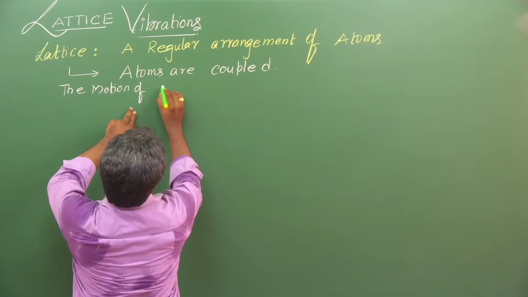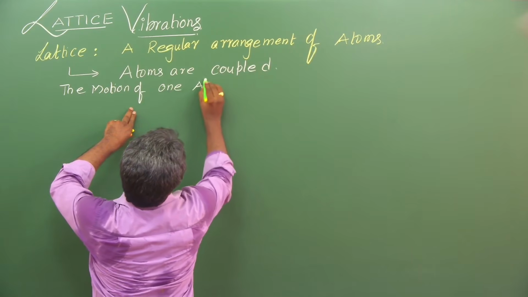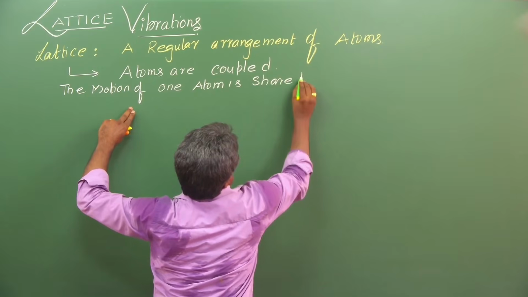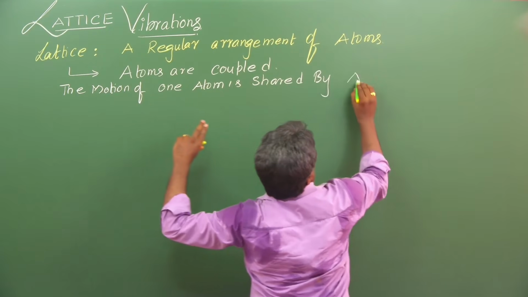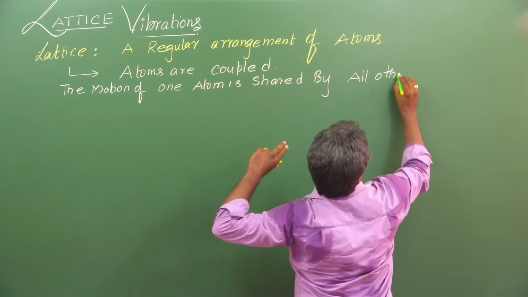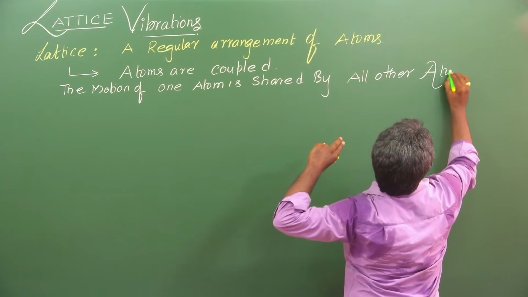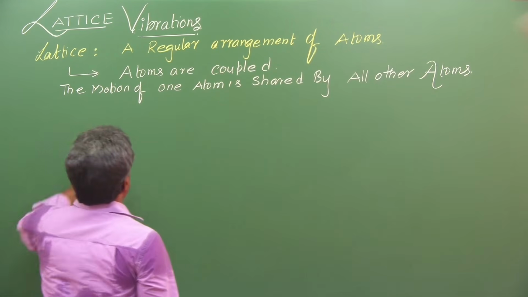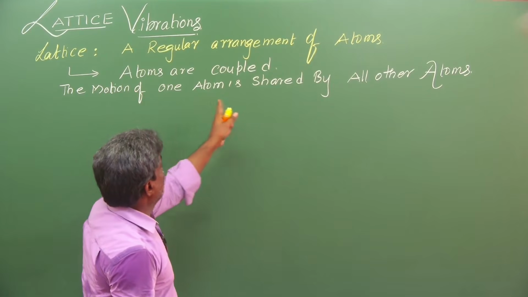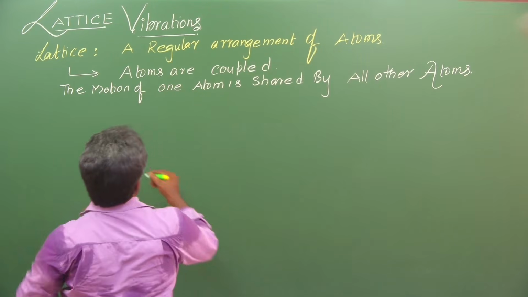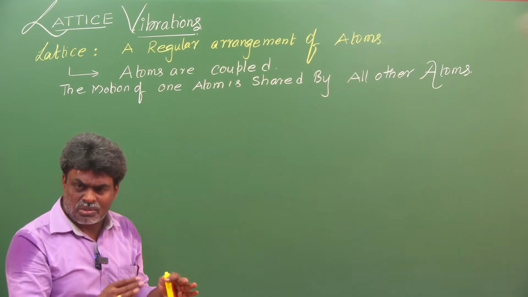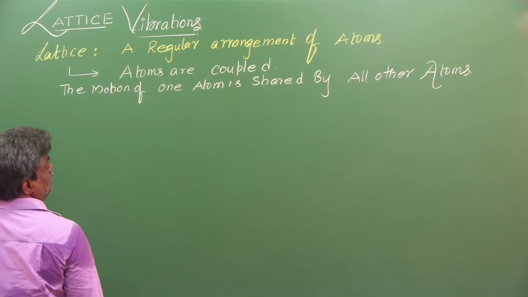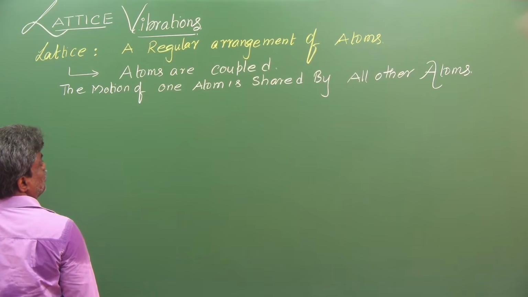The motion of one atom is shared by all other atoms. That's why we can say the motion of atoms is coupled.